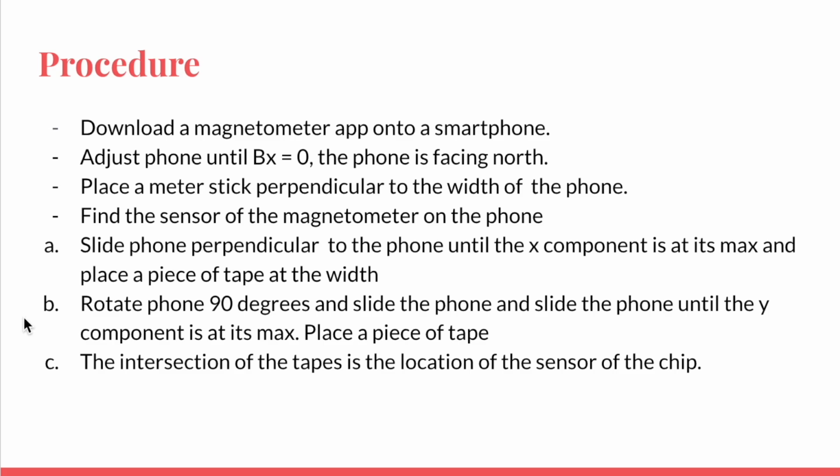To do this, you're going to slide the phone perpendicular until the X component is at its max, and then you're going to place a piece of tape at that width. Then you're going to rotate the phone 90 degrees until the Y component is at its max, and place a tape there as well. The intersection of the tapes is the location of the sensor chip.